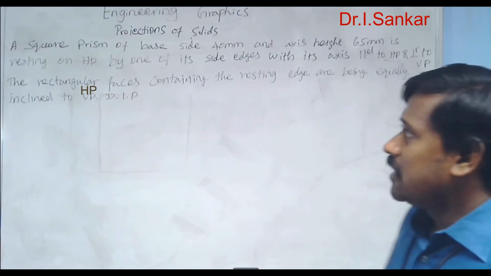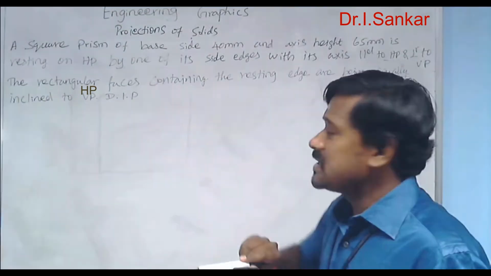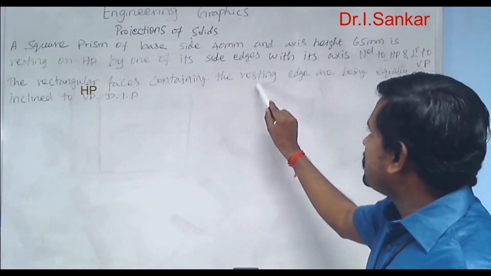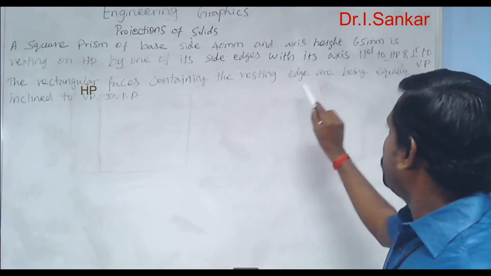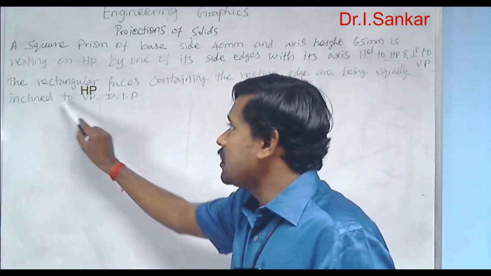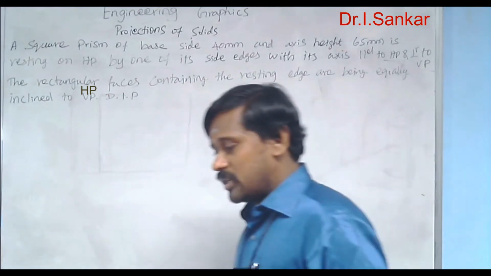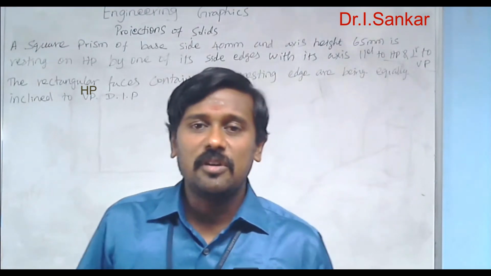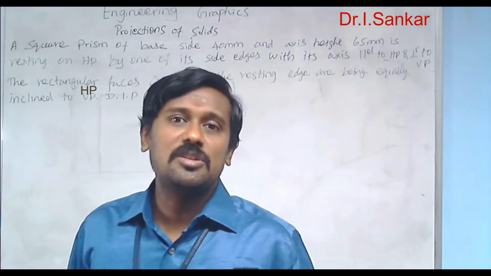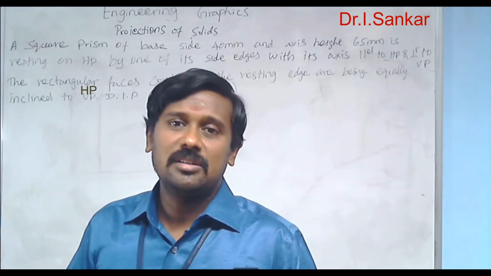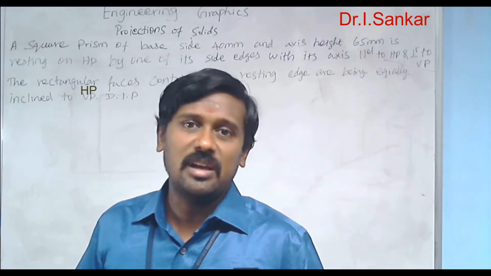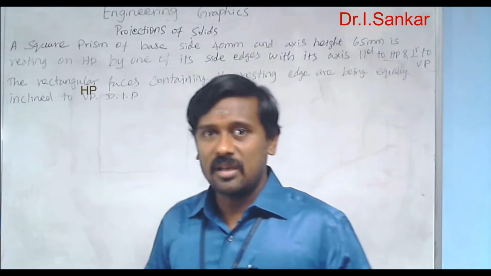And further, the rectangular faces containing the resting edge are equally inclined to VP. Draw its projections. So the resting condition of the solid is given with some extra words to let you recognize how the solid is actually resting on the horizontal plane.